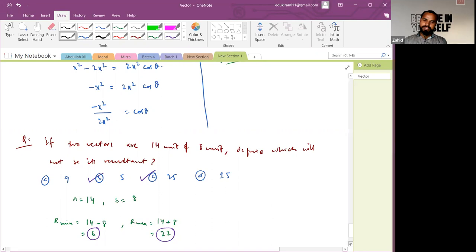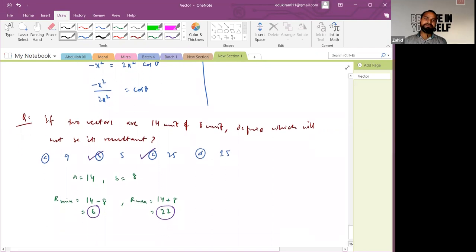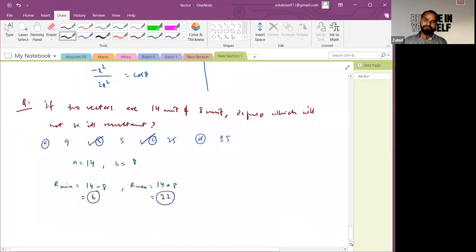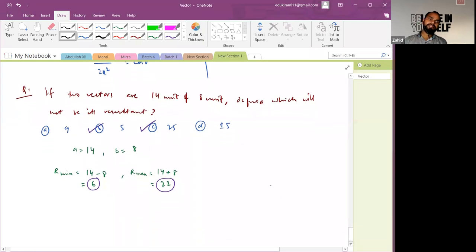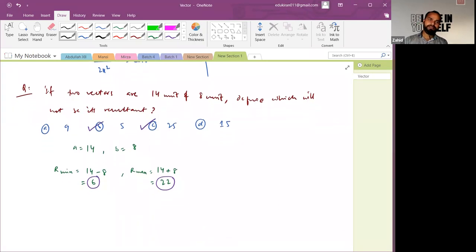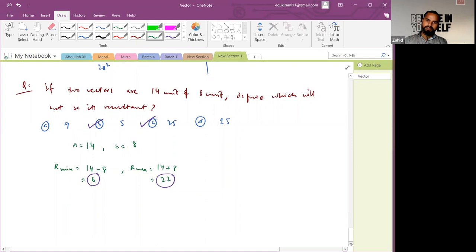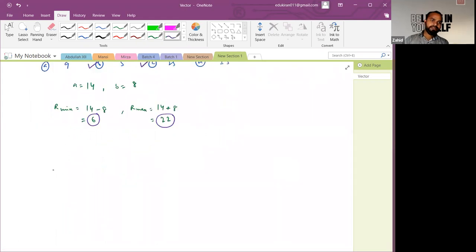Now one more term related to this resultant is to define the inclination of a resultant with respect to horizontal, or it may be termed as the direction of resultant.